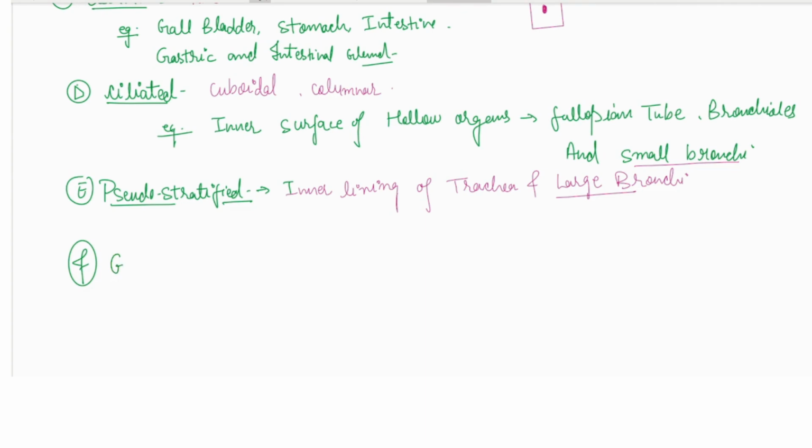the glandular epithelium. Again, NCERT has given very specific terms, but you should know a few terms for your concept clearance; this is very important to understand. So the glandular epithelium may be cuboidal or columnar in shape.